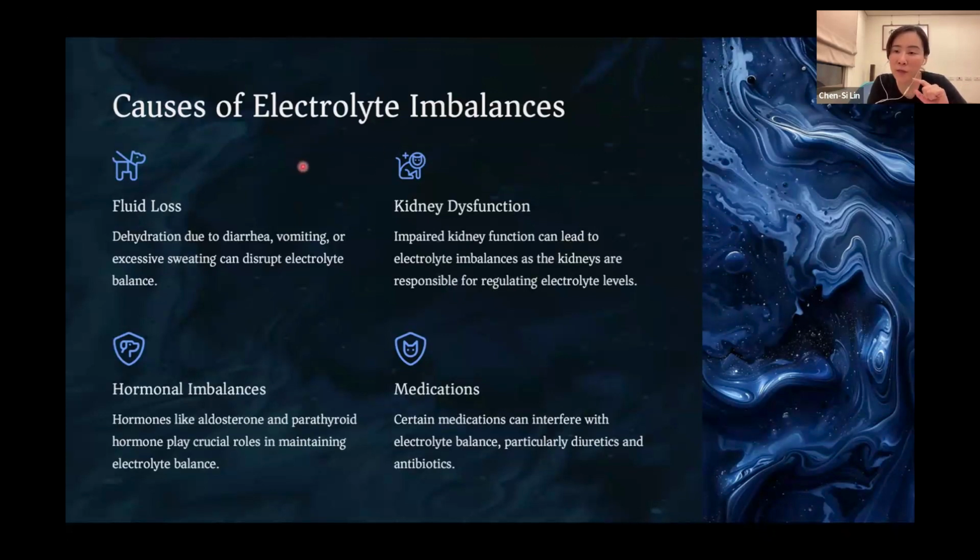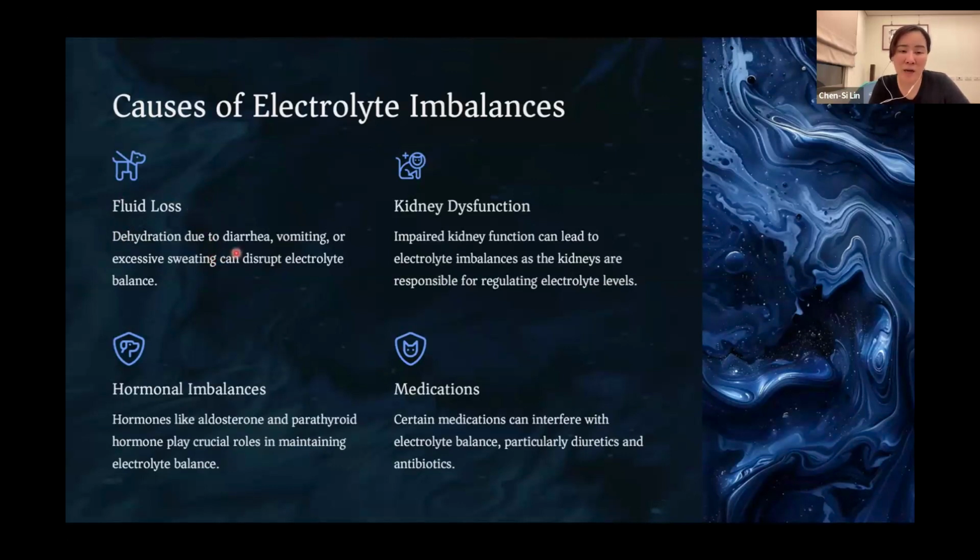But if it's not the result of a kidney problem, there are two main reasons that will result in this mineral or electrolyte imbalance. The common cause of electrolyte imbalance is fluid loss, such as dehydration. So what conditions will cause dehydration?